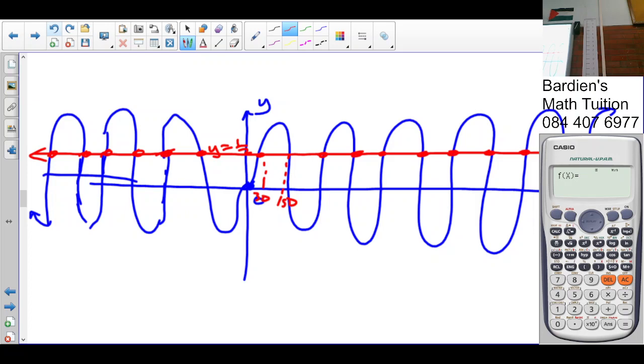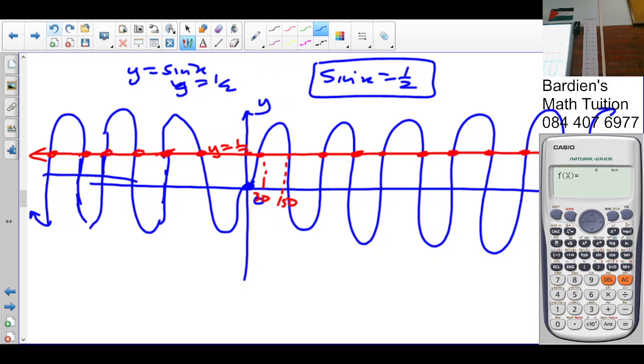Not so. So if they ask you to write a solution for y is equal to sine of x, and y is equal to a half, or where sine of x is equal to half, if they ask you to write a solution for that, could I list all the solutions that there are? Huh? You can't. Why?